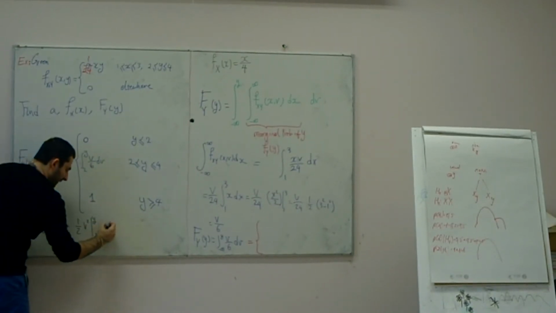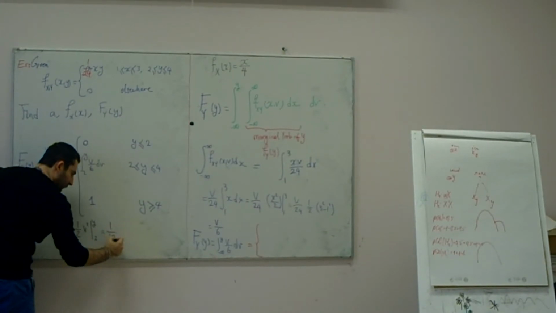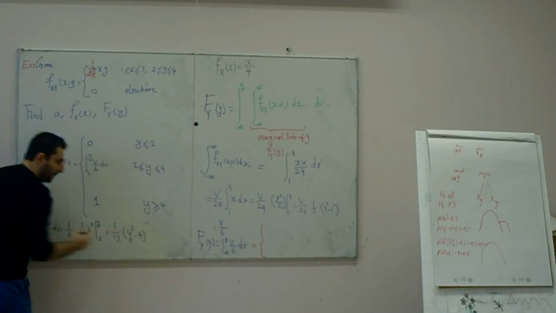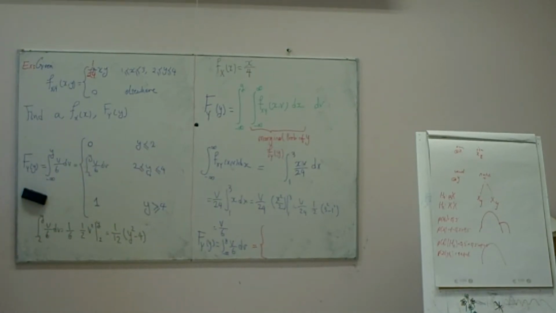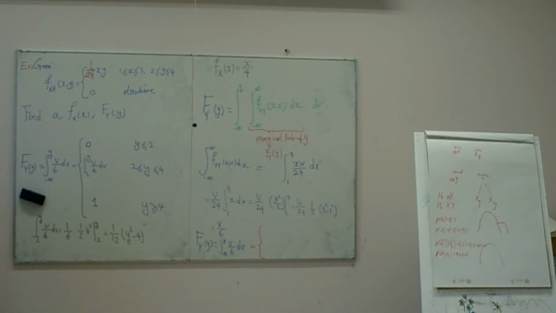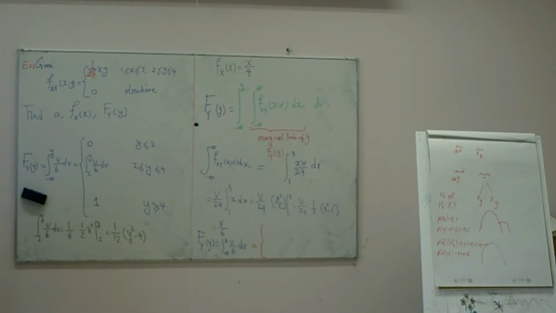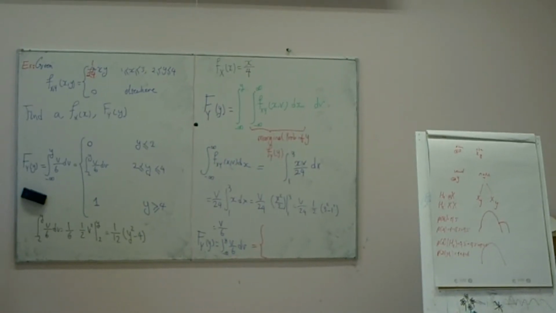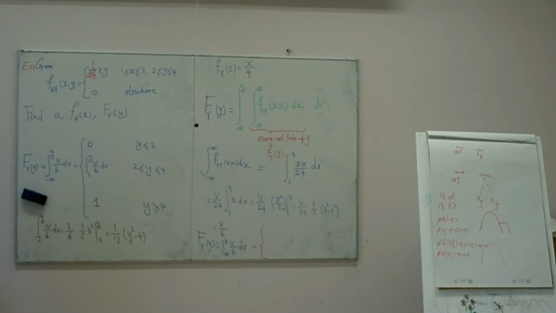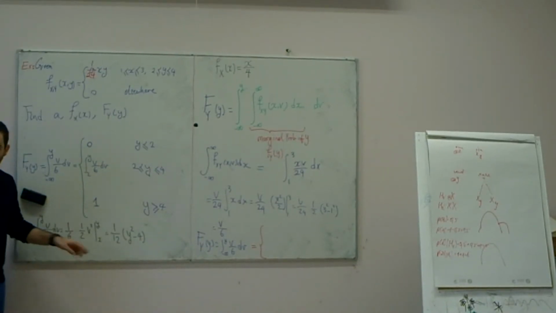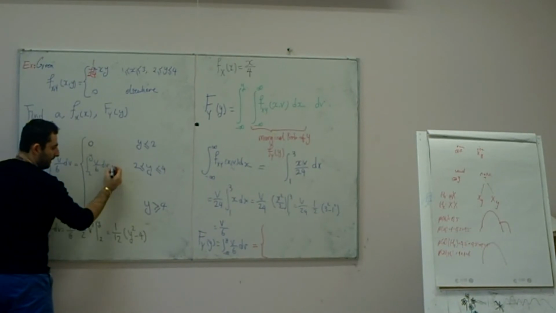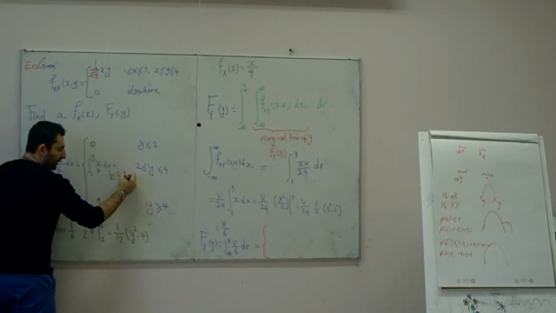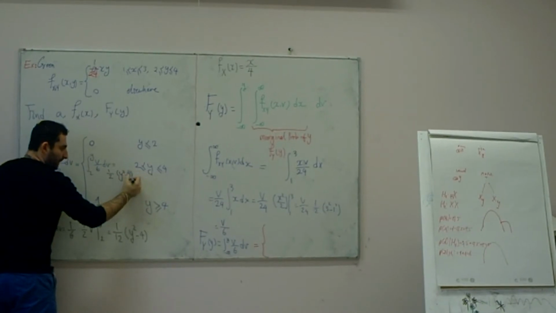And it will be 1 over 12 multiplied by y squared minus 4. Are you correct? Yes, you are correct.